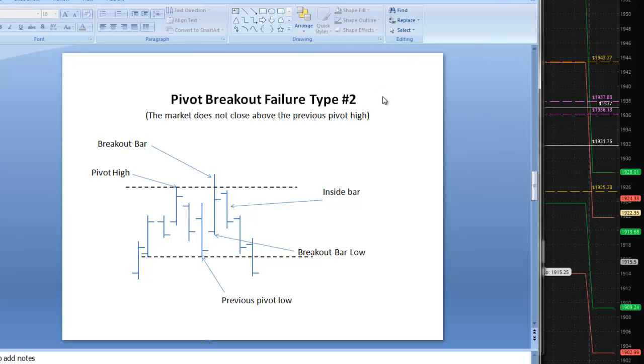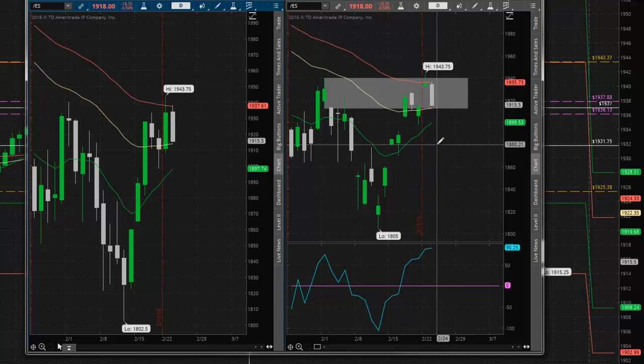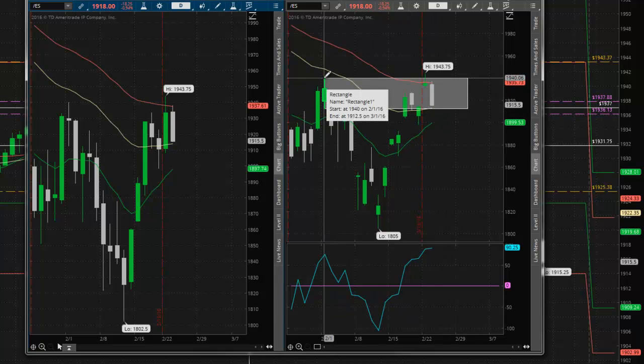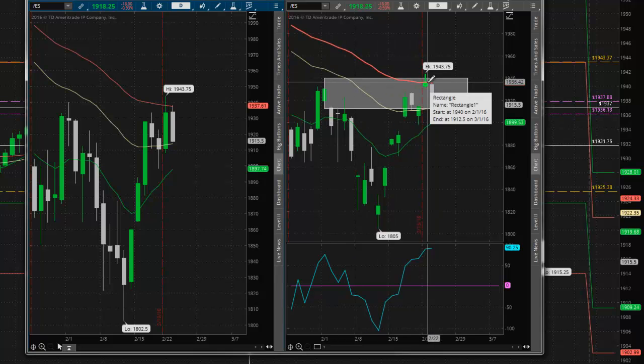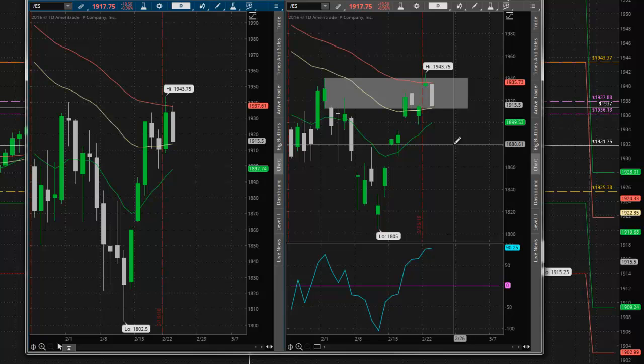Let's keep this in mind and go back to the daily. We have a pivot high here, and we take out that pivot high, but it can't close above. And then today we trade below the low of the breakout bar. What does that tell you to do? Get out. And you can also reverse. So this sells off, and as this breakout above this pivot has failed, you're expecting a pull down.